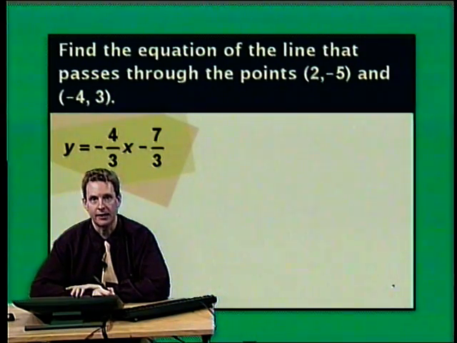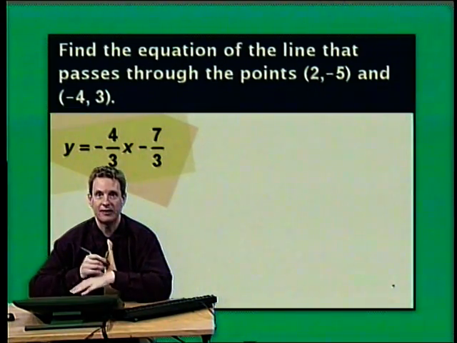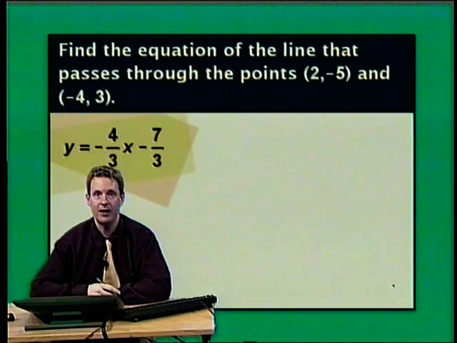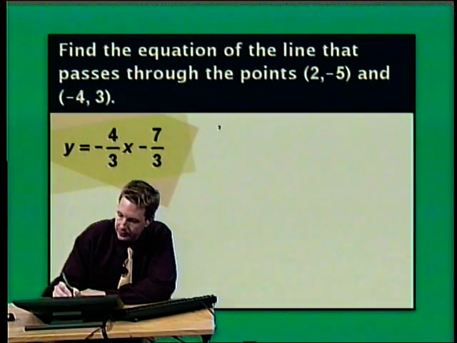How are we going to check this? Well, what is it that we wanted this line to do? We wanted this equation to represent the line that passes through the points (2, -5) and (-4, 3). Let's see that both of those points satisfy this equation.